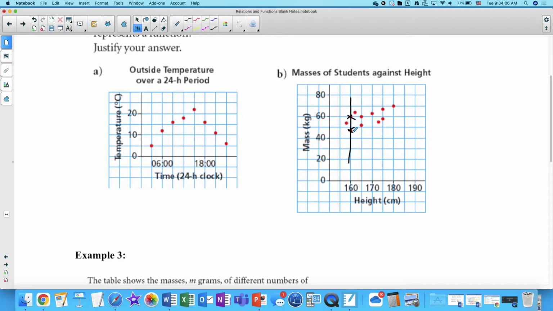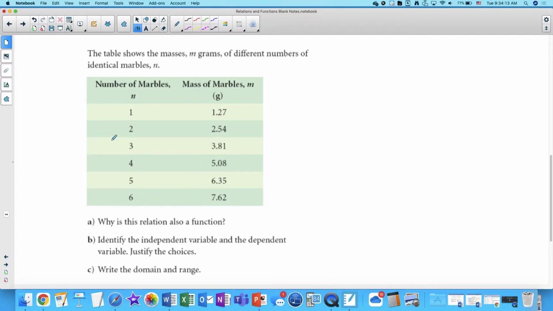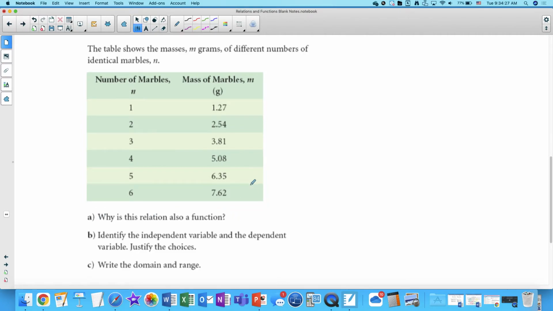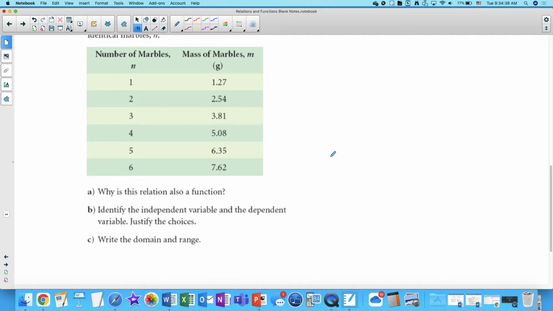So here we have a table of values that compares the number of marbles and the mass of that number of marbles. First question is, why is this relation also a function, given this data set? The number of marbles doesn't appear more than once. Yeah, for each unique number of marbles, there is only 1 mass.